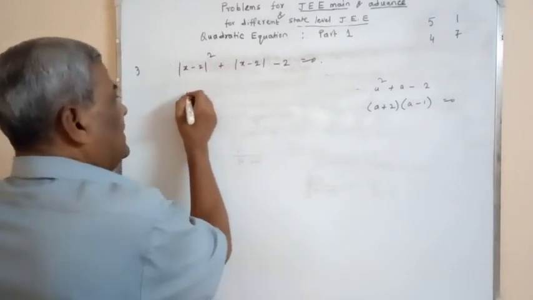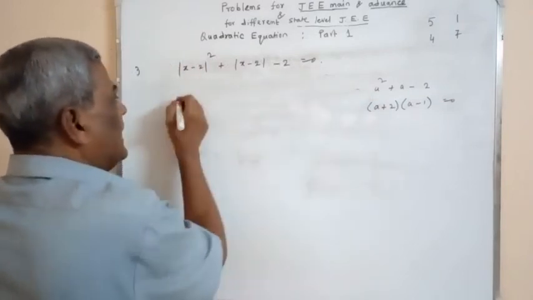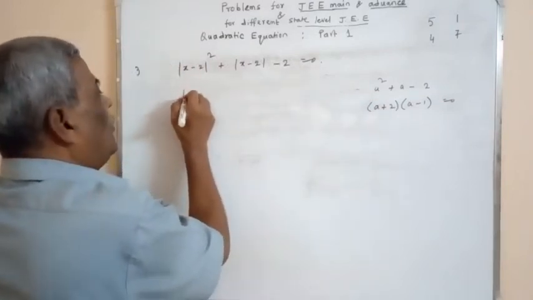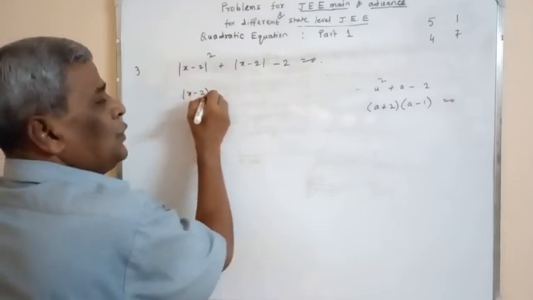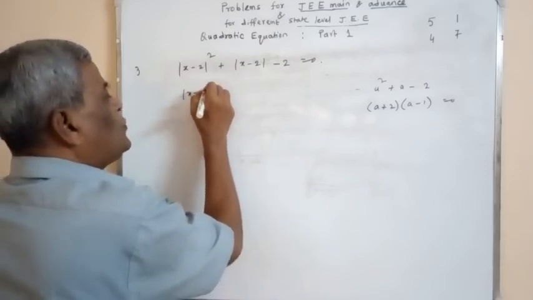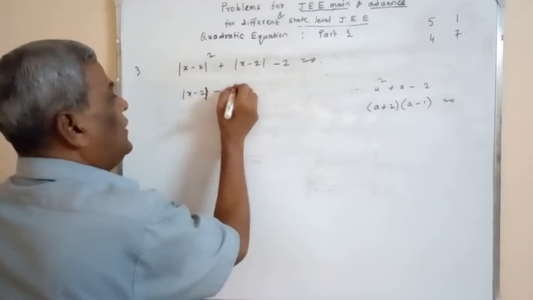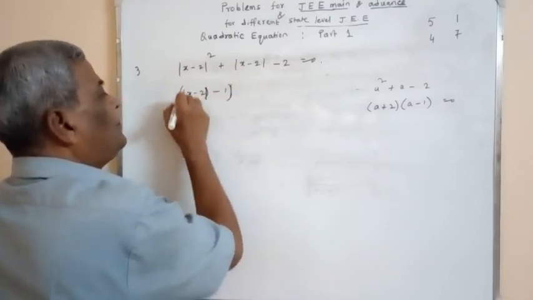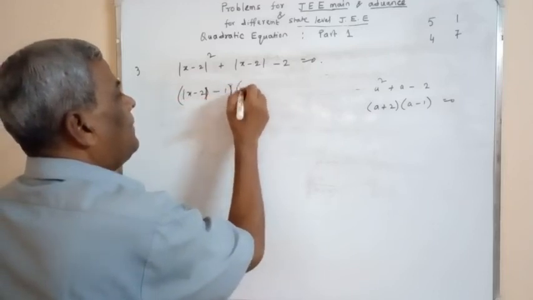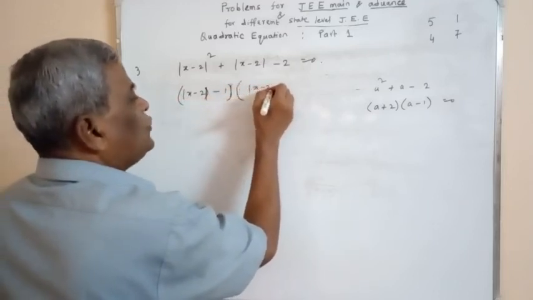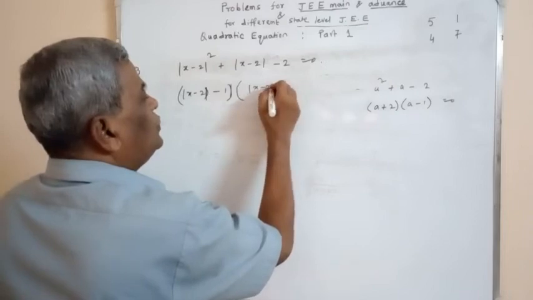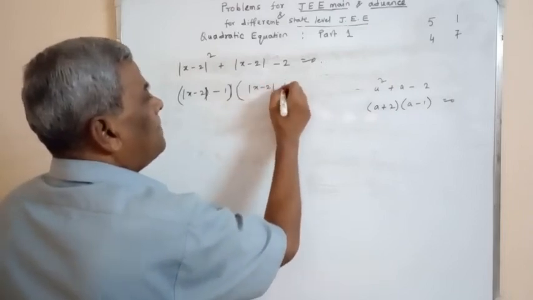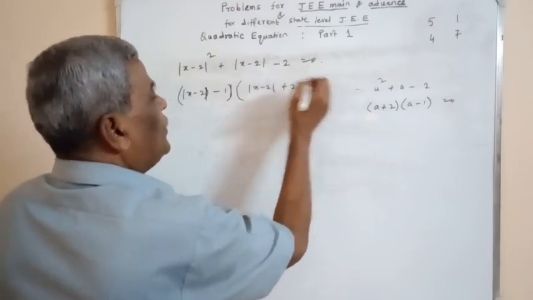Here, a means mod of x minus 2, so this can be written as mod of x minus 2 minus 1, into mod of x minus 2 plus 2, is equal to 0.